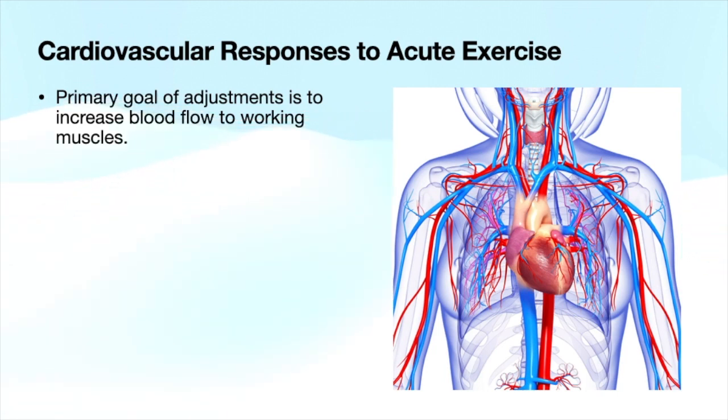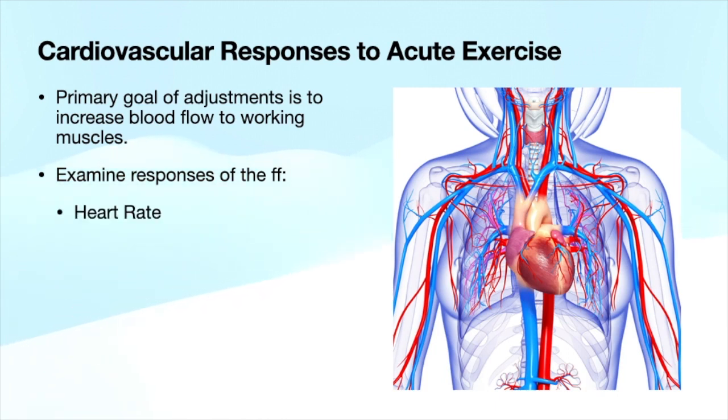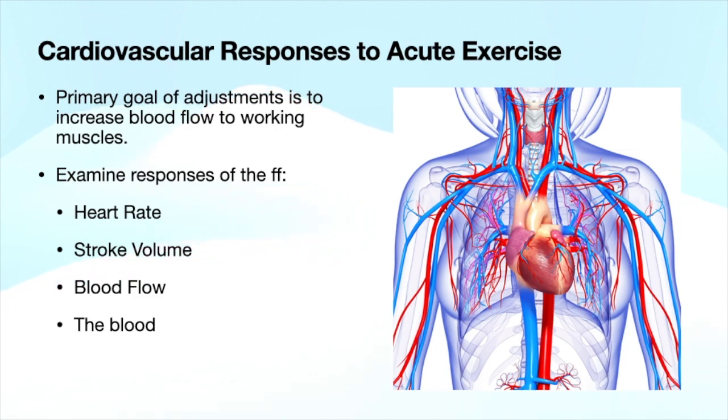To better understand the changes that occur, we'll examine how these changes are integrated to maintain adequate blood pressure and provide blood to the exercising body's needs. We'll examine the following responses: heart rate, stroke volume, blood flow, and of course, our blood.